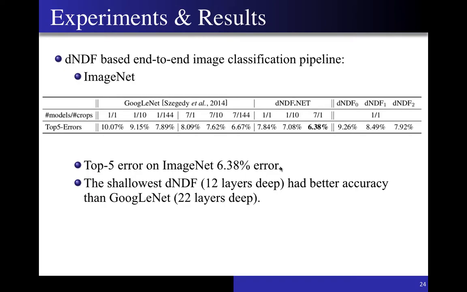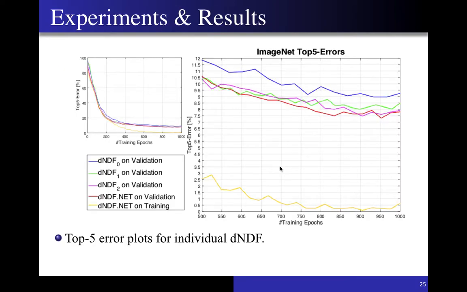Moving on. So this is the plot for how the top five errors change as the training goes on. Here the blue line represents DNDF0, which is closest to the raw input, and the red would represent the entire network.